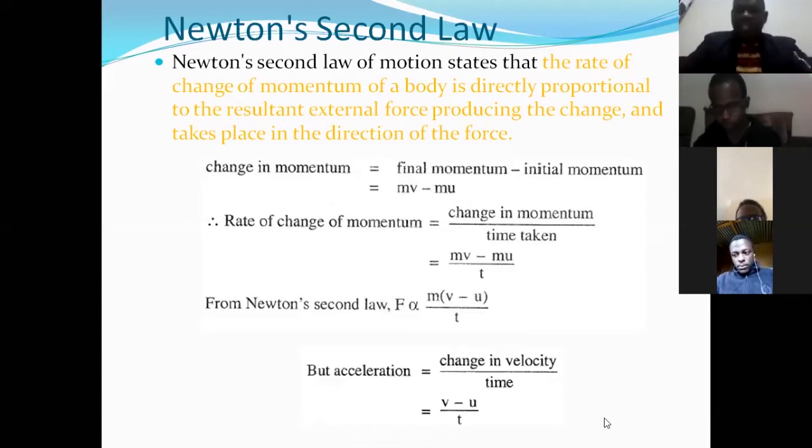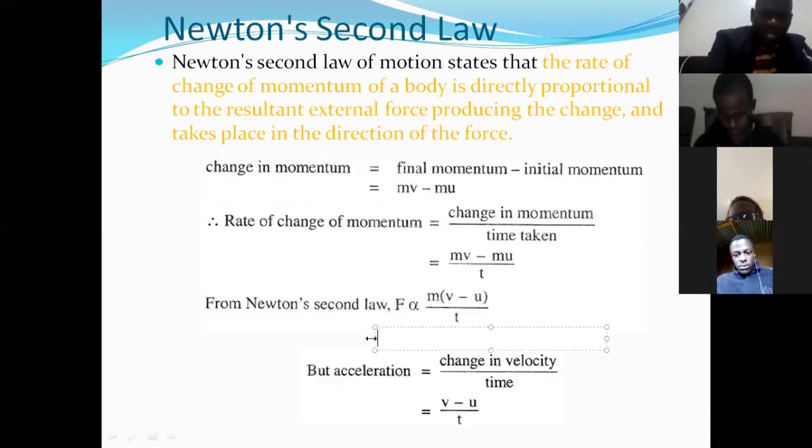Okay, so what is important is this force we are calling the resultant force. You have to know that at this point, F is equals to, there must be a constant K, times ma.